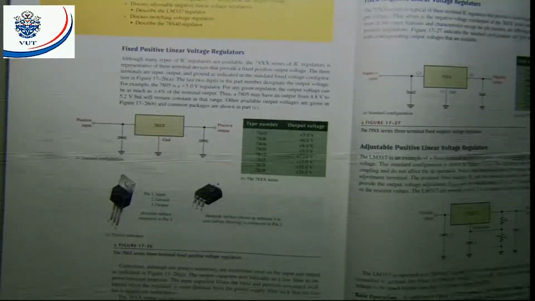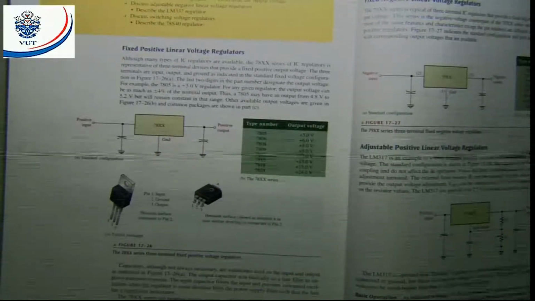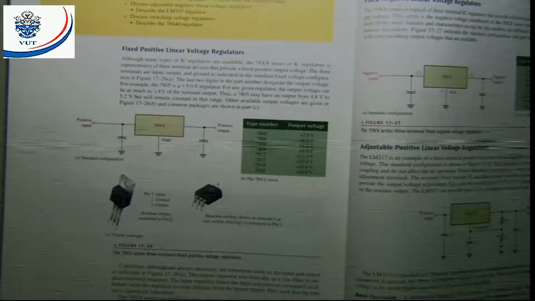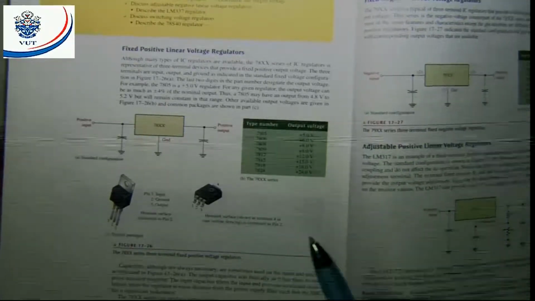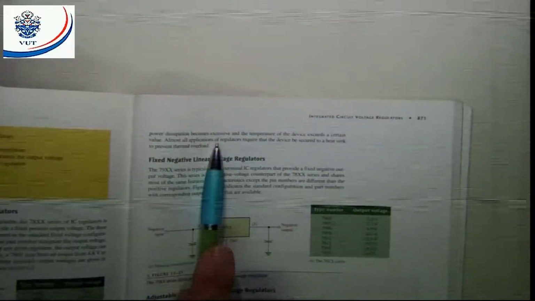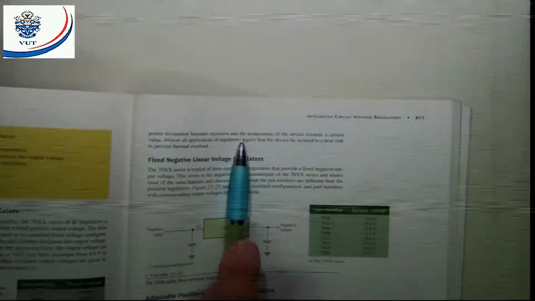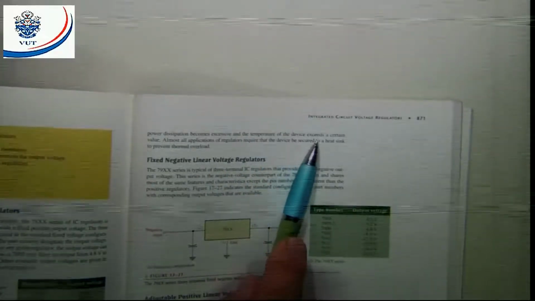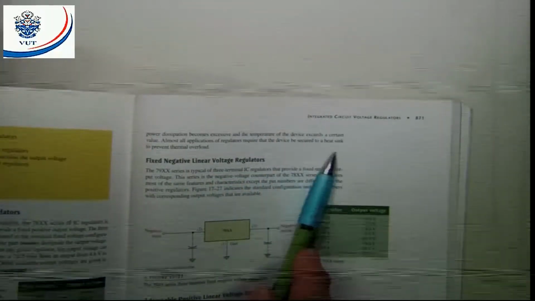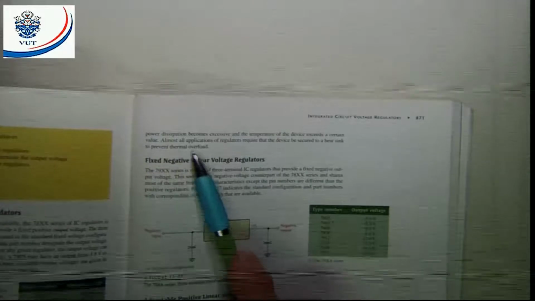The circuit has internal thermal overload protection and short circuit current limiting features. Thermal overload occurs when the internal power dissipation becomes excessive and the temperature of the device exceeds a certain value. Almost all applications of regulators require that the device be secured to a heatsink to prevent thermal overload.